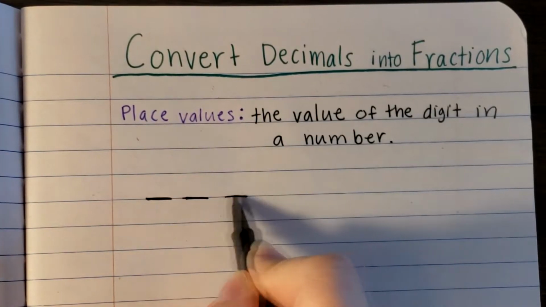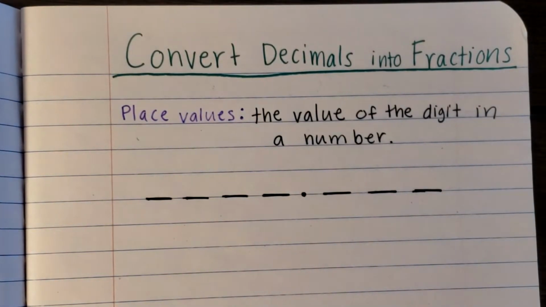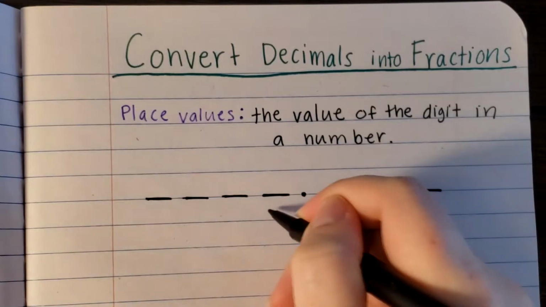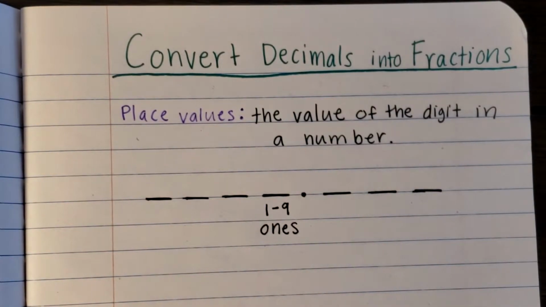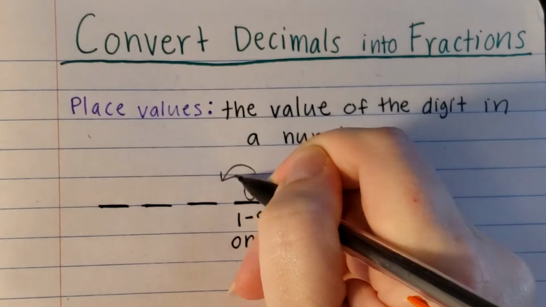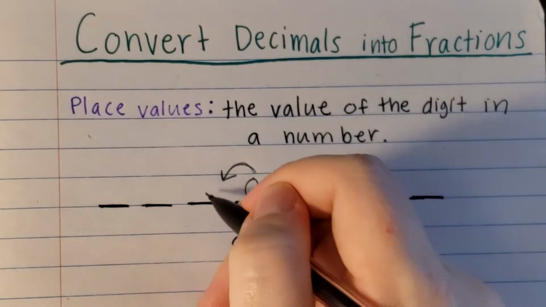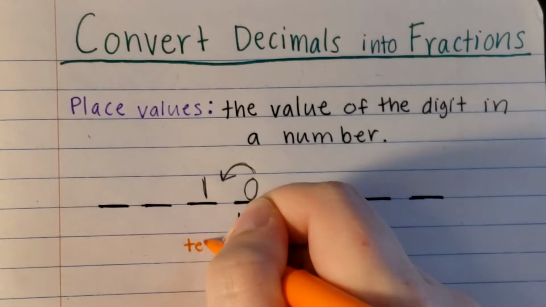When we start counting, we normally start at the beginning with the number 1 and then continue all the way to 9. We call these numbers our ones since they are in the first place value, and we count by 1 each time. If we add 1 more, the 1 gets moved to the next place value, and now we have the number 10. If we count using this new place value, we would now be counting by tens.